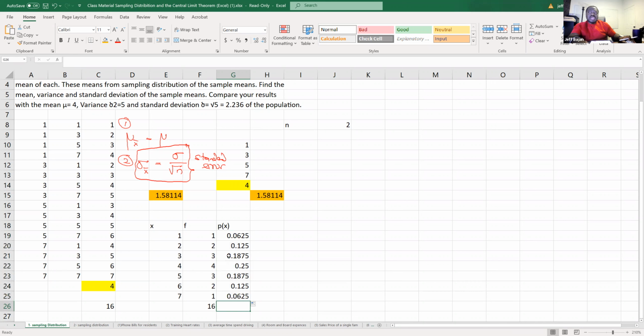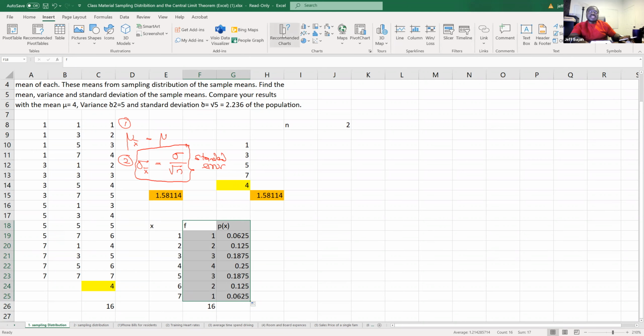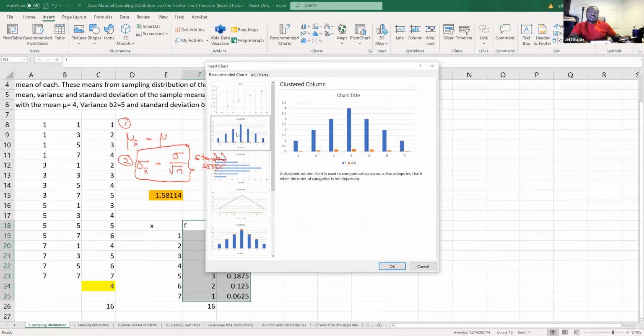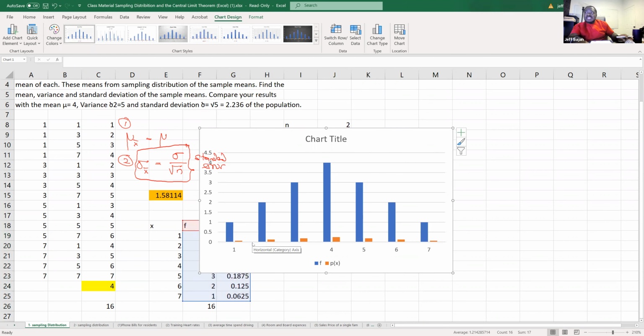We can actually take these values and run it in the form of a data set. So you can see that this is an example of a normal distribution, right? See how it falls. You can see the graph.